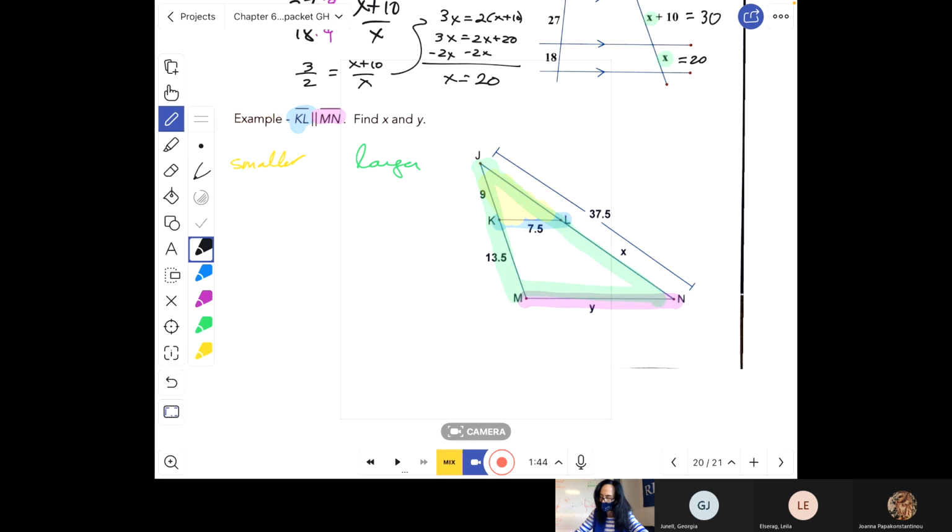Can someone give me the corresponding proportion? I'm looking at the separate sides. Equals. So maybe I can't do that. So maybe I have to look at this compared to this over this compared to this.